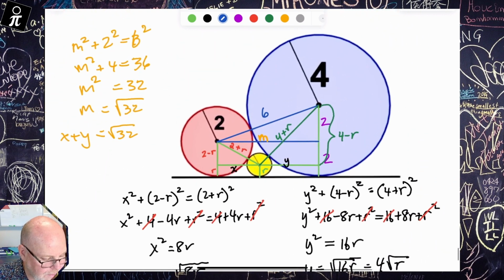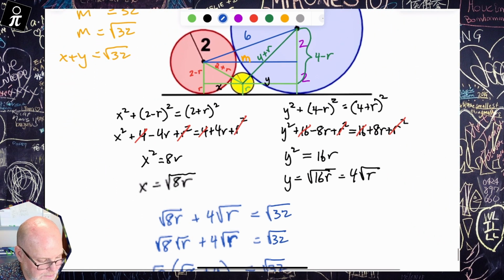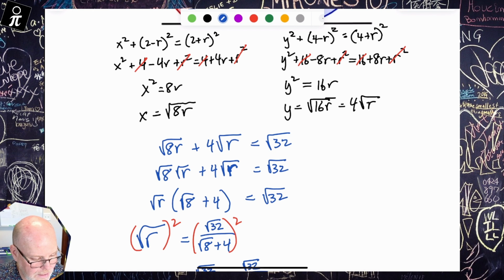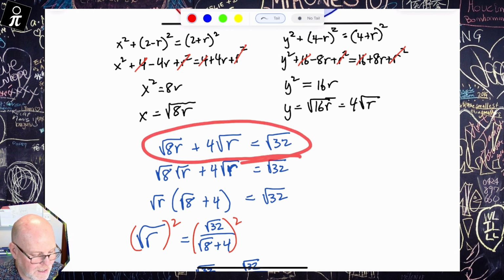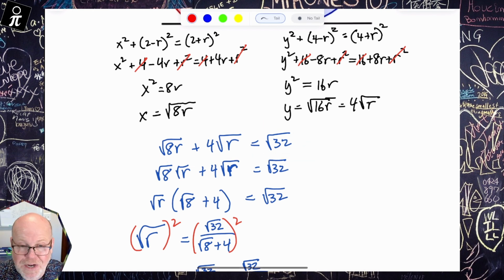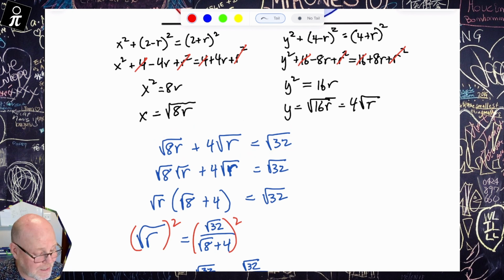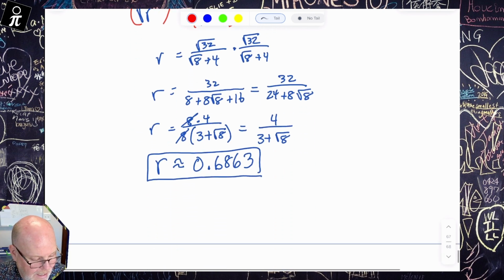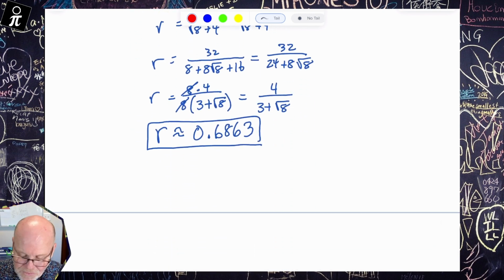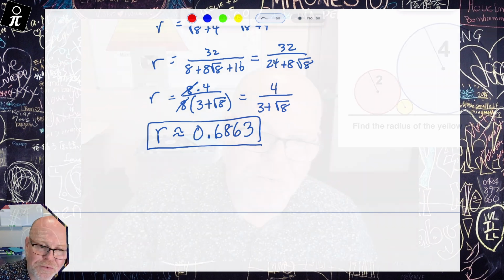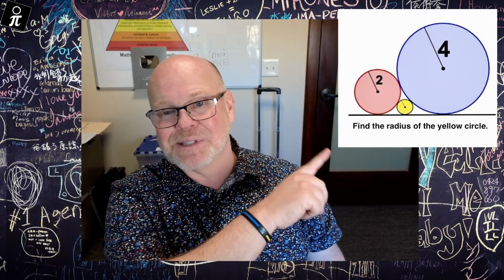We figured out that a lot of this boiled down to really just this nice tidy square root of 8r plus 4 times the square root of r is equal to 32. And then once we got there, man, it was nothing but algebra. And we ended up with the radius is equal to 0.6863.